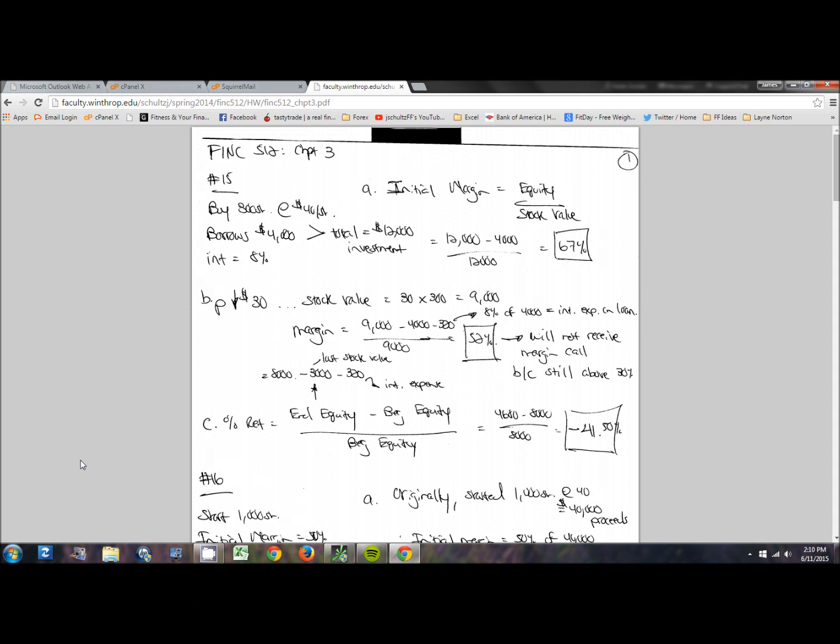A regular margin account would simply be that you have $5,000 in equity and you call your broker up and say, I want to go on margin for another $3,000, so you would have $8,000 total. What you essentially have in that scenario is $5,000 of equity and a $3,000 loan that you must repay to your broker. That's a regular margin account, which I would just refer to as a margin account.